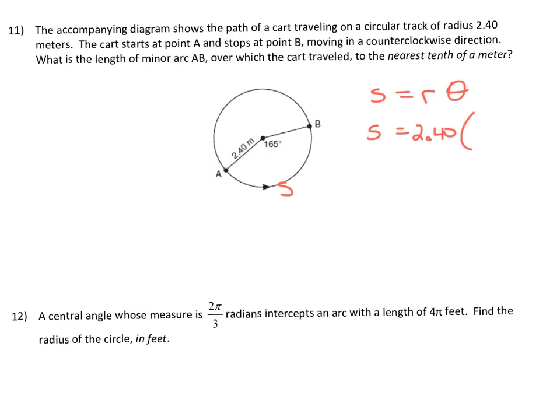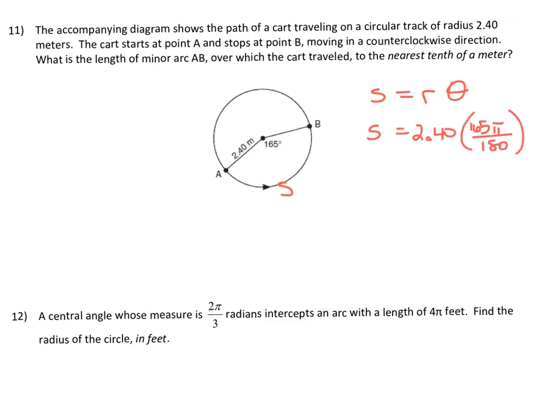So if you take 165 and multiply it by pi over 180, in the non-simplified form you could write that as 165 pi over 180. If you want to simplify 165 over 180, you can, but you don't have to. Honestly, we're going to just plug this in our calculator anyway and round to the nearest tenth, so don't waste your time simplifying it.